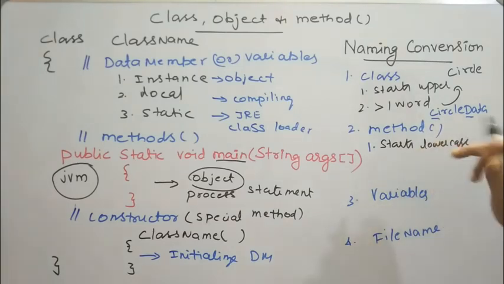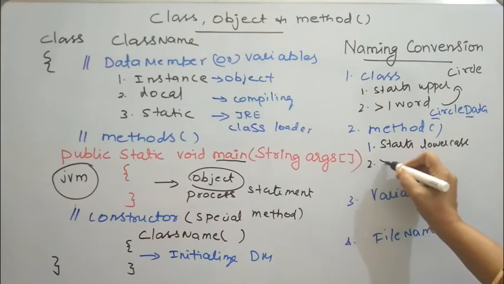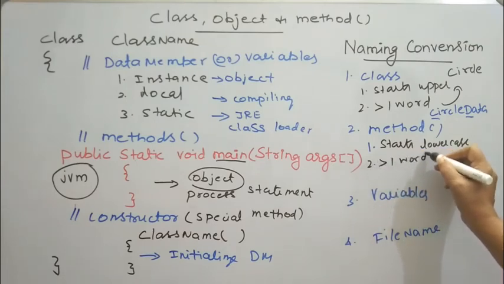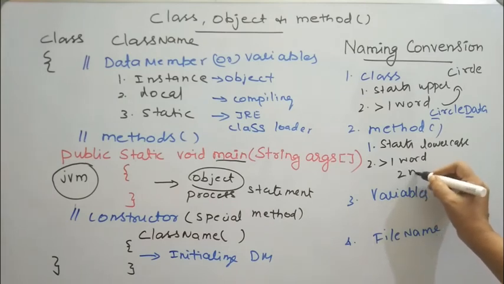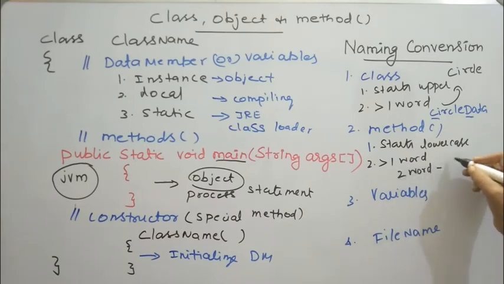If the method contains more than one word, it starts with a lowercase letter. Starting from the second word, in each word, the first letter is capitalized.